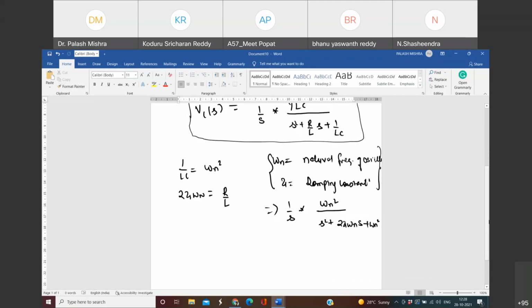Now, I am taking two cases actually. Case one is when there is no damping in the system. I mean the damping constant is 0, which means that the resistance R in the circuit is 0. If these conditions occur, then your VC(s) will be equal to 1 upon S multiplied by omega n square upon S square plus omega n square.